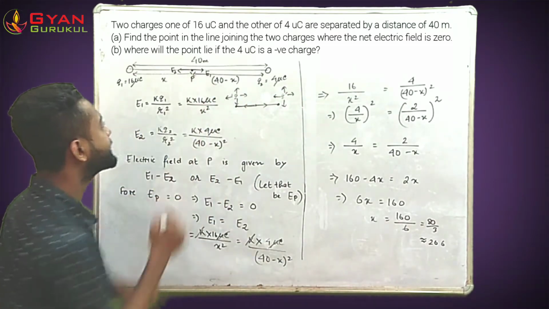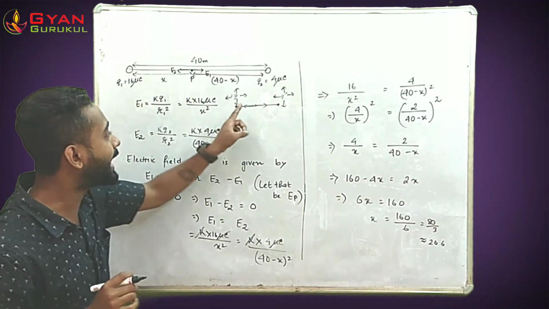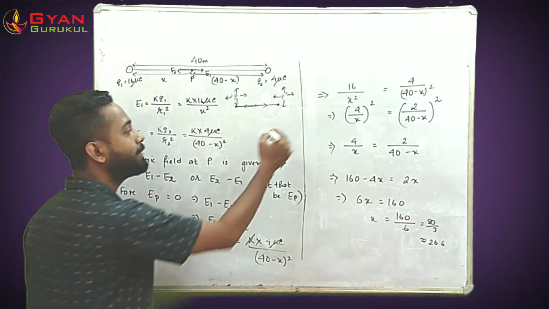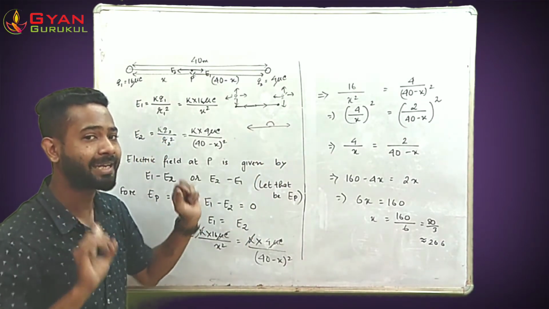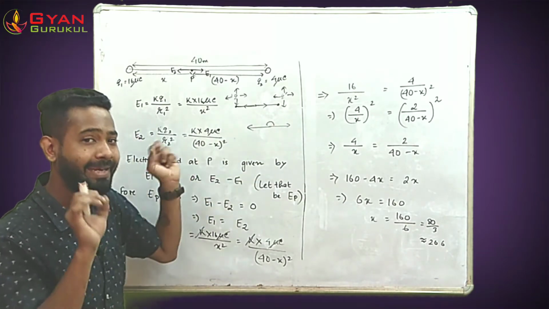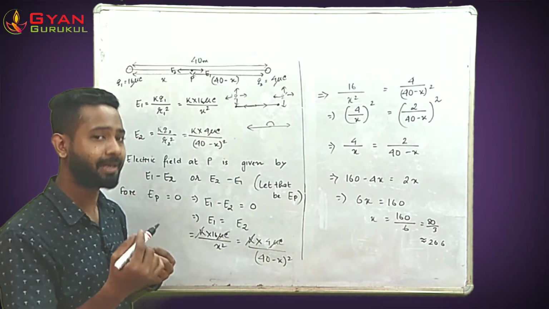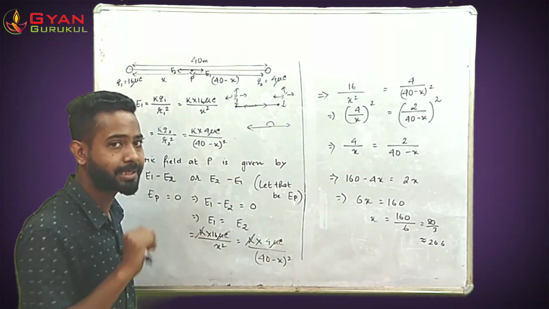It is mentioned as E2. Since both of the fields are in opposite directions, and if we have two vectors separated by 180 degrees, the resultant vector is given by subtracting one from the other, and that is a possible case where we can get a zero answer.